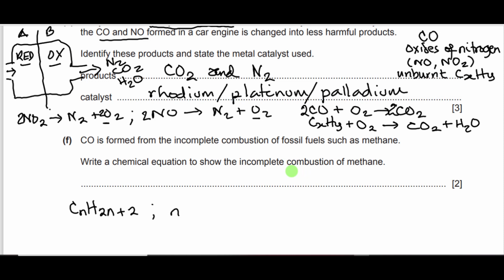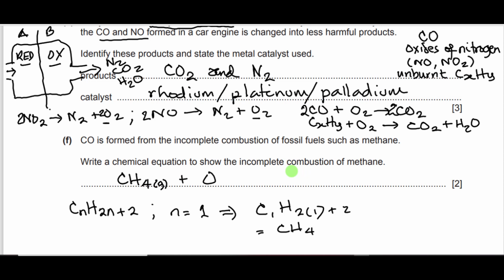Methane is the first member of the alkanes, so n is 1. When n is 1, this formula changes to C1H(2x1+2), which gives us CH4. So we write CH4 gas plus oxygen gas will give us what?